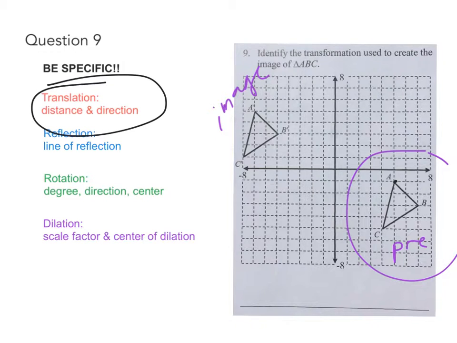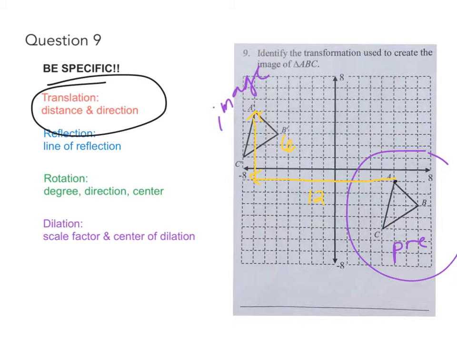From A, I'm going to count over 1, 2, 3, 4, 5, 6, 7, 8, 9, 10, 11, 12. So I moved 12 to the left. Then I'm going to count up: 1, 2, 3, 4, 5, 6. So I moved 6 up.